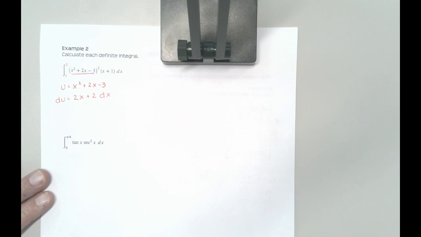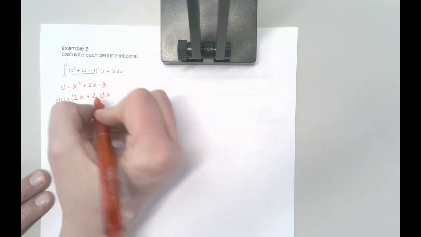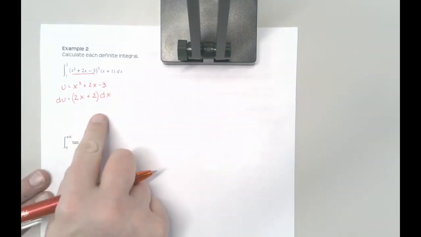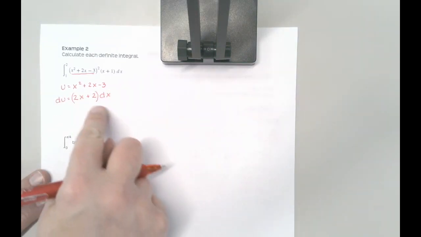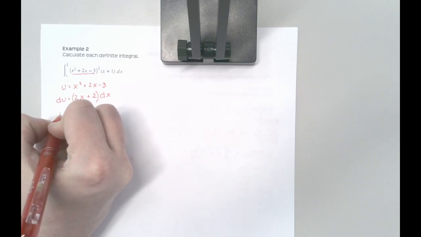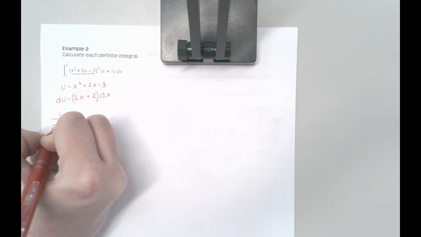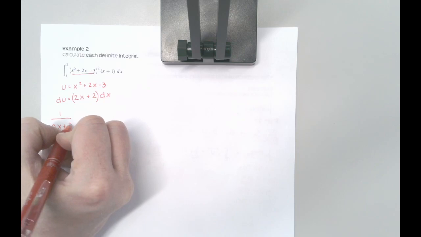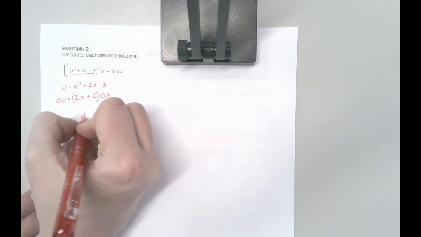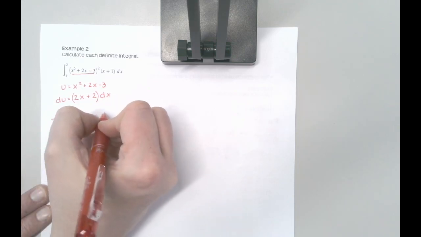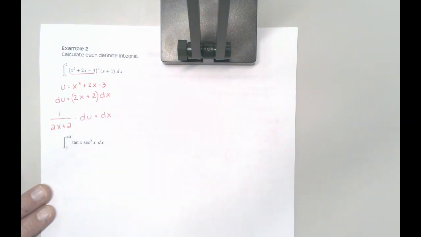The minus 3 went away because it's a constant. Now I'm going to take all of this. I really should have written this in parentheses because all of that is being multiplied by dx. Move it to the other side. So I'm going to have 1 over 2x plus 2 times du is equal to dx. And now let's rewrite my integral.